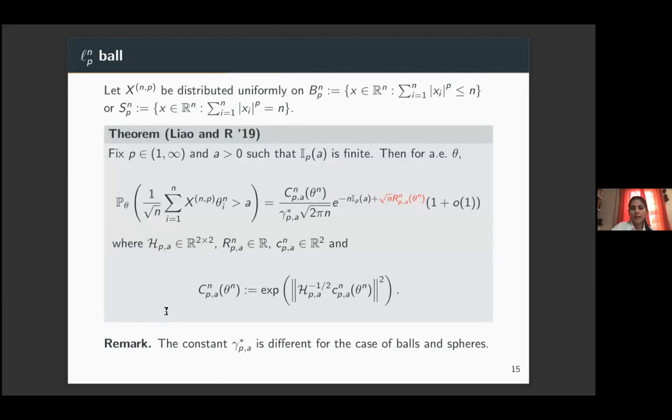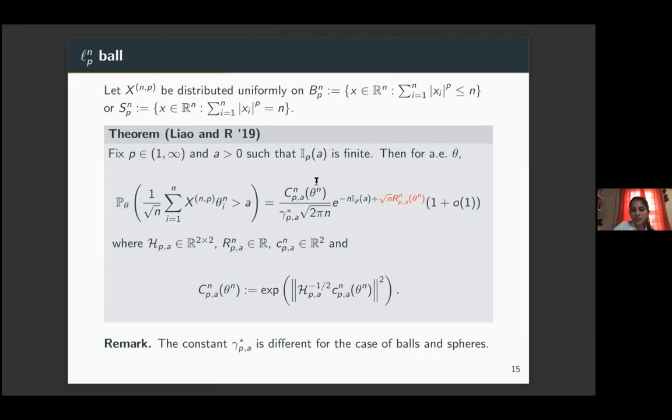Okay, so when we have this, we show that for any p strictly between 1 and infinity and strictly positive a, where I_p of a is finite, so that the rate function shows there's actually a decay, then the probability indeed has this structure. So we now do a refined analysis. This e to the minus n I_p(a) over here, that is the rate. That's the only thing that you know from the large deviations. Everything else here is a correction.